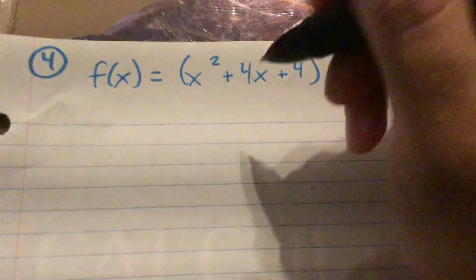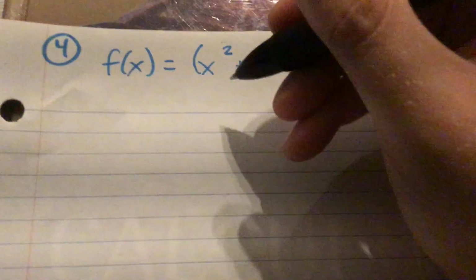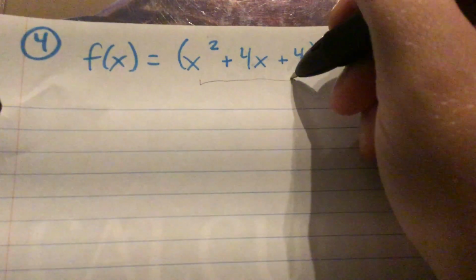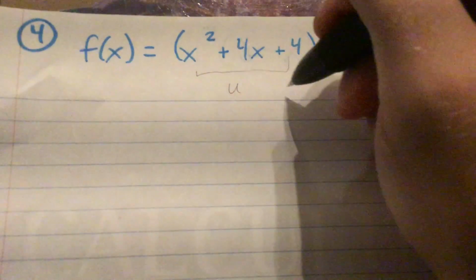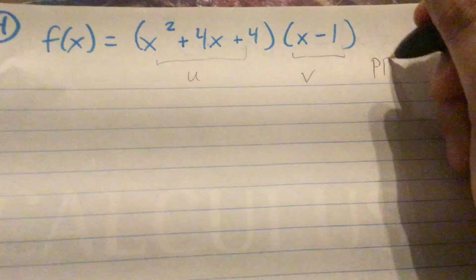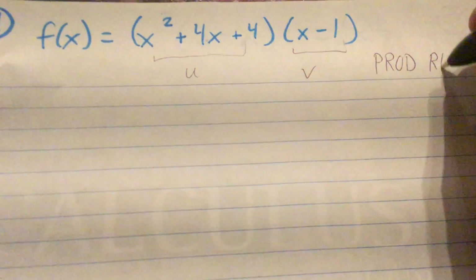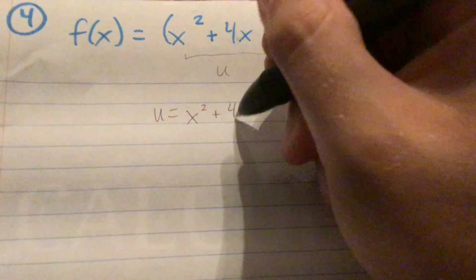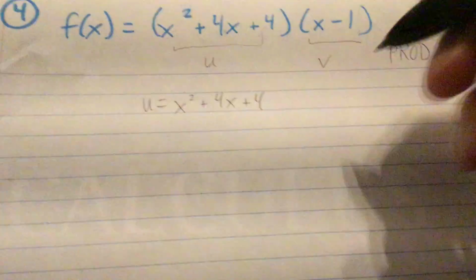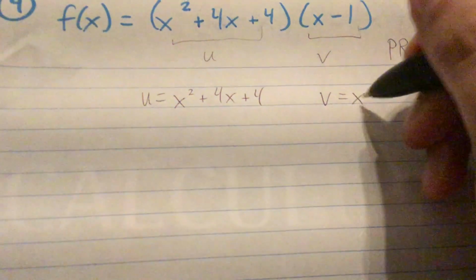Now, don't get me wrong, you could FOIL this, but I kind of like using the product rule here. So specifically, my u is x squared plus 4x plus 4, and my v is x minus 1.